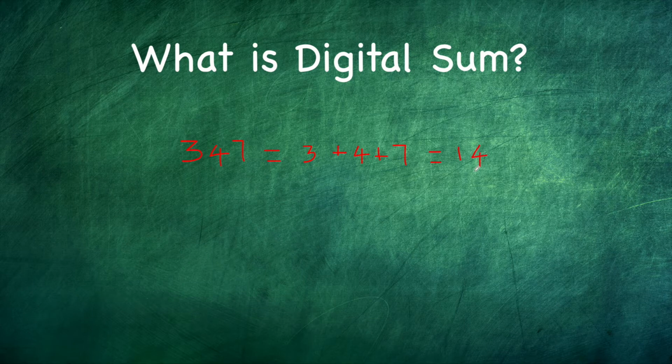Again add 1 plus 4, so that is equal to 5. So 5 is the digital sum of 347. Always we have to reduce to a single digit.